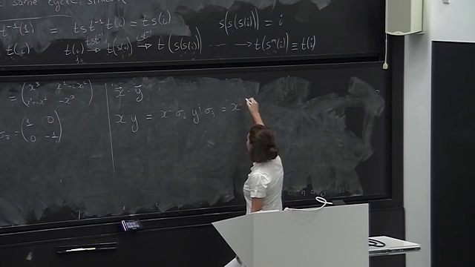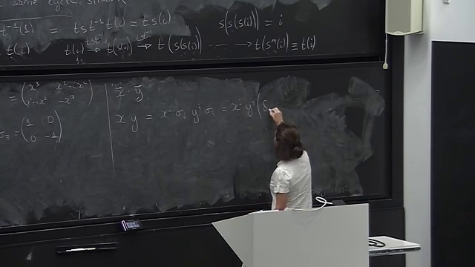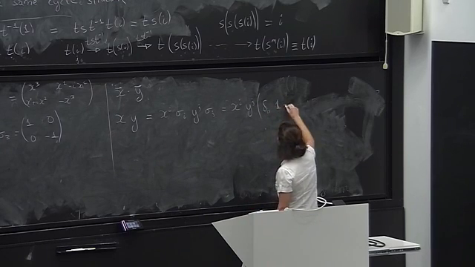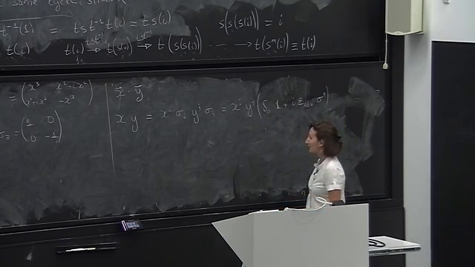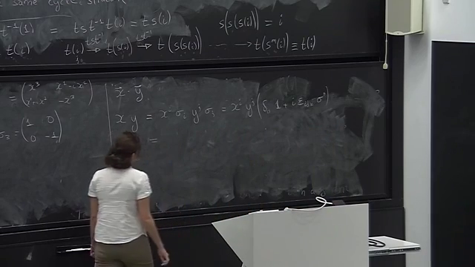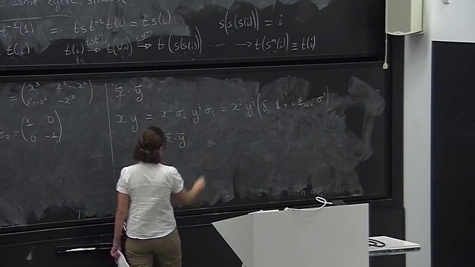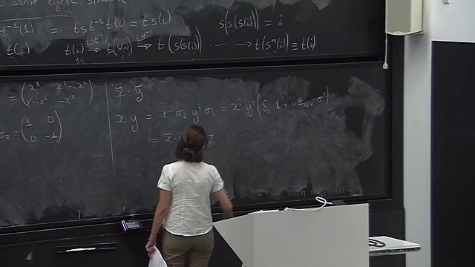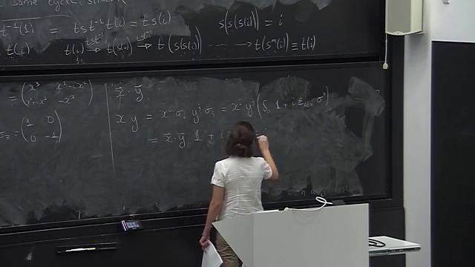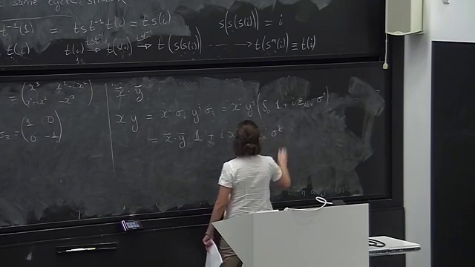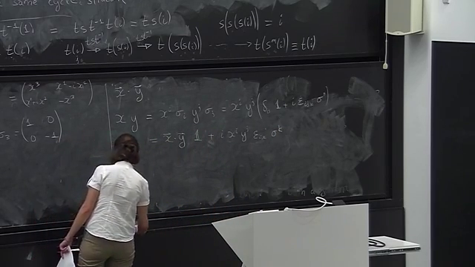And now I know that this is xi yj times delta ij times the unit matrix plus i epsilon ijk sigma k. This is equal to the scalar product of x and y times the unit matrix plus i xi yj epsilon ijk sigma k. So my scalar product appears in here.